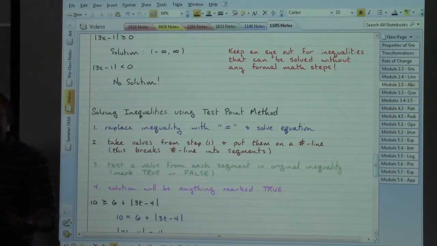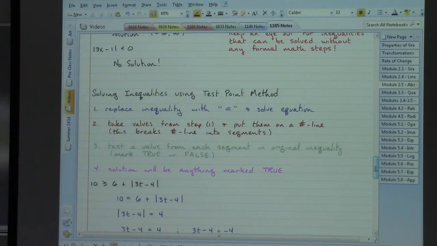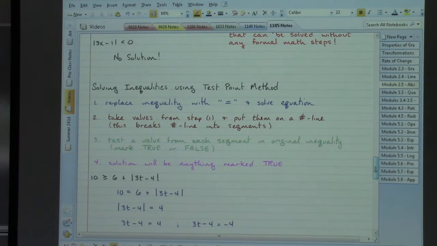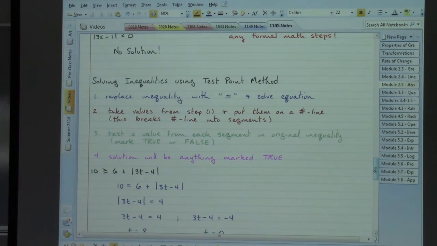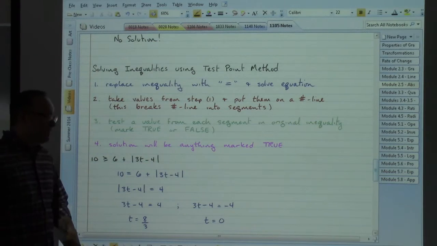And then we want to solve that. We have our previously mentioned process of solving that, where we would get the absolute value by itself. We would take what is inside the absolute value, set it equal to a positive, and set it equal to a negative. And in this particular case, that gives us t equals 8 over 3 and t equals 0.